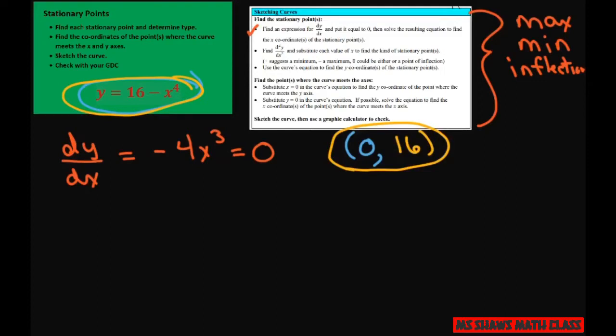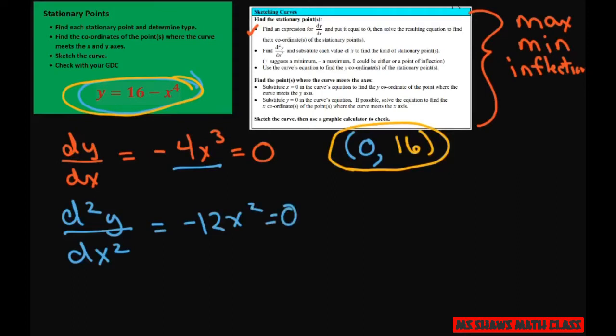So what we do is take the second derivative, or the derivative of this equation, and we're going to get negative 12x squared equals 0, and so we still get 0.